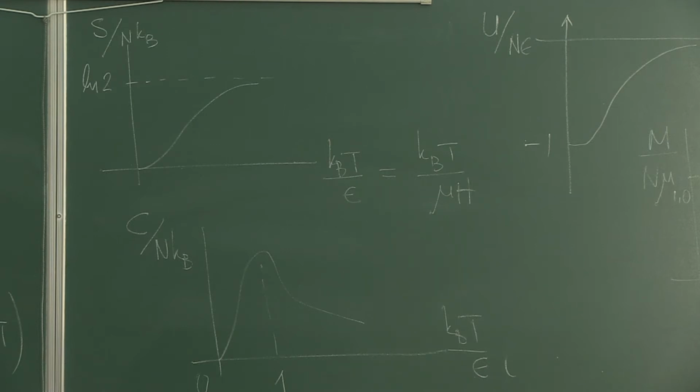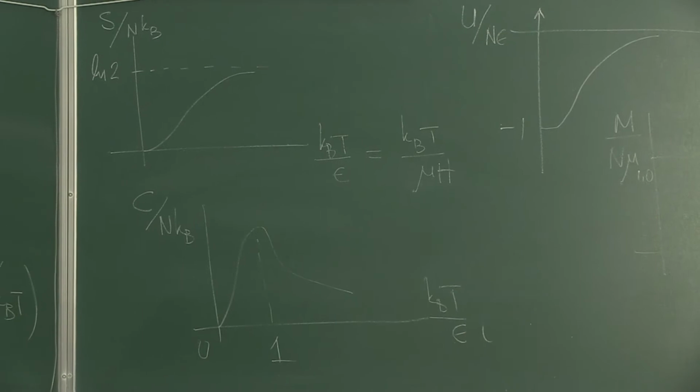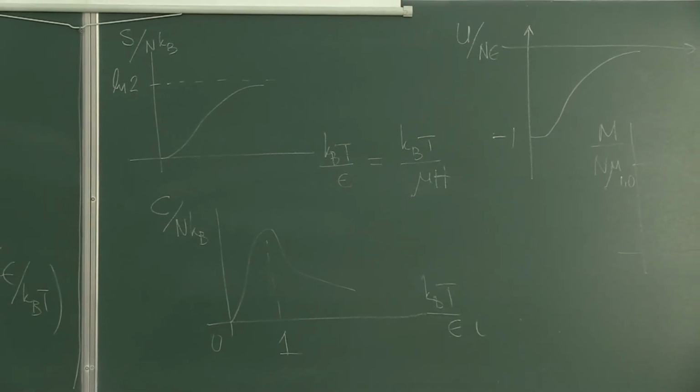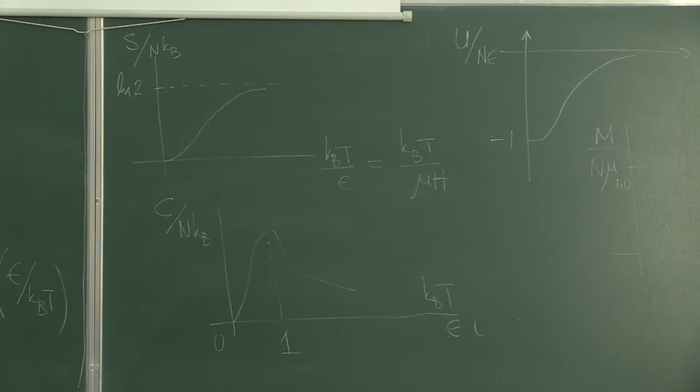First, it goes to 0 as temperature goes to 0. That's in accordance with the third law of thermodynamics. Perfect, okay. It vanishes as T goes to infinity because energy is going to be a constant. That's also okay, isn't it?